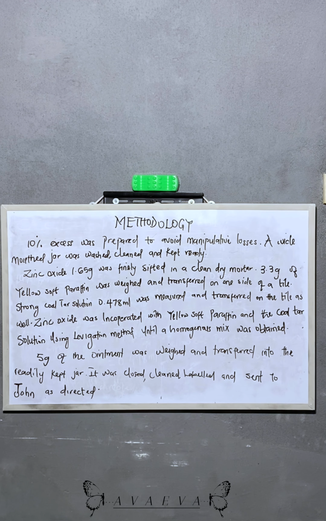Strong coal tar solution 0.478 ml was measured and transferred on the tile as well. Zinc oxide was incorporated with yellow soft paraffin and the coal tar solution using levigation method until a homogeneous mix was obtained. 5 gram of the ointment was weighed and transferred into the readily kept jar. It was closed, cleaned, labeled and sent to John as directed.